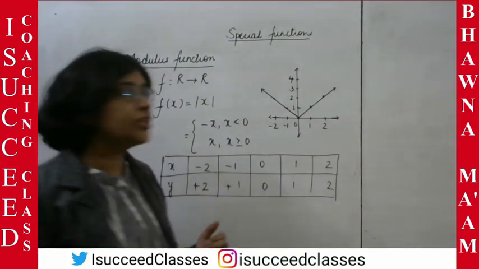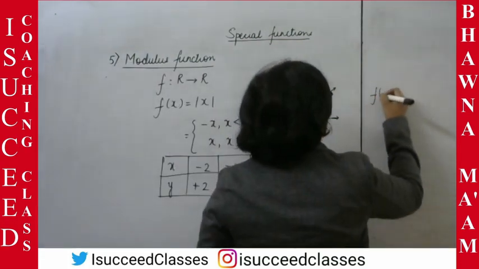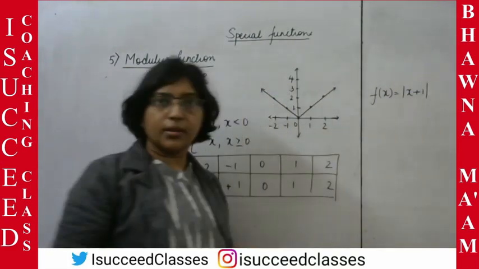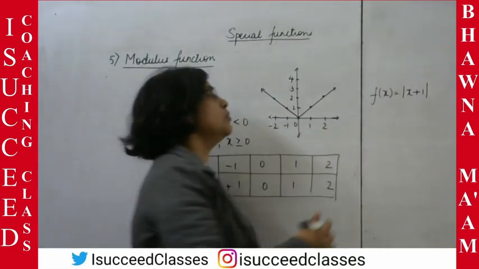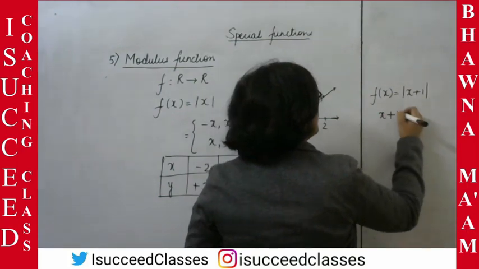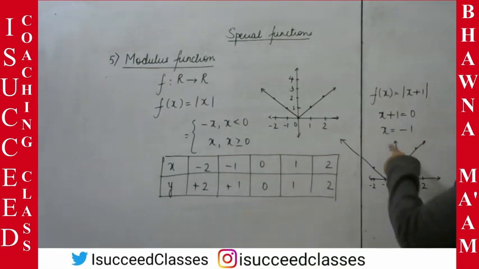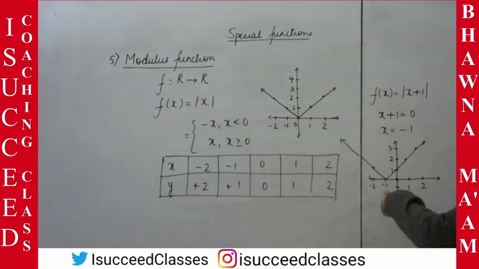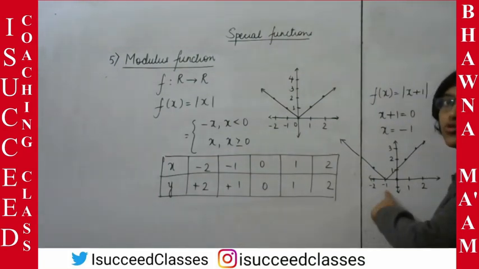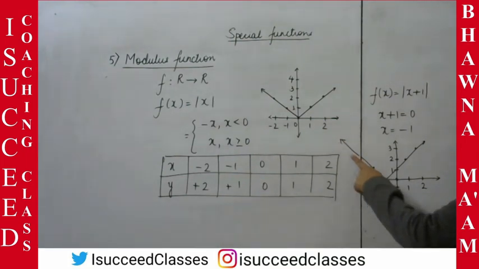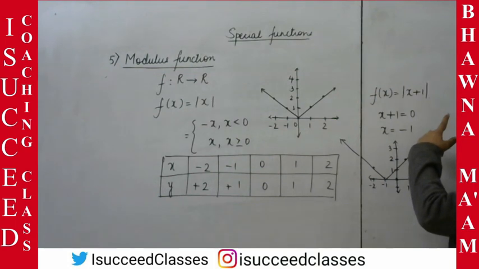We may have different kinds of modulus functions, like suppose f(x) is equal to modulus x plus 1. So it will again be a V-shaped function, but now its value will be 0 at minus 1. So for modulus x plus 1, the vertex will be at -1, or it is also called the critical point, where the function is going to change the way it goes, like from minus infinity, if we keep on coming, it will go to 0 and then it will go on the other side.